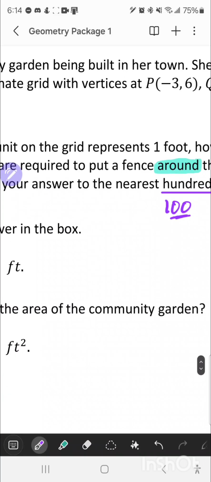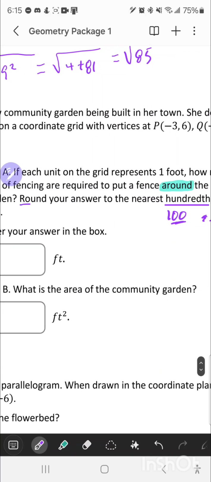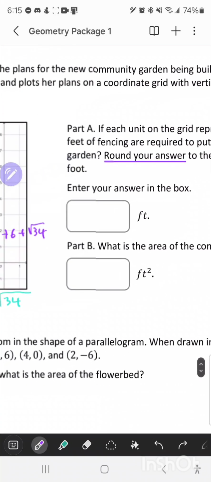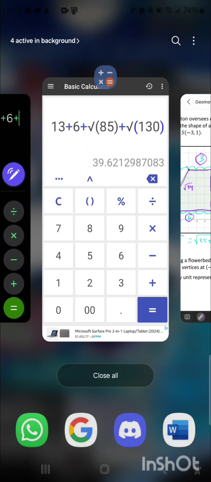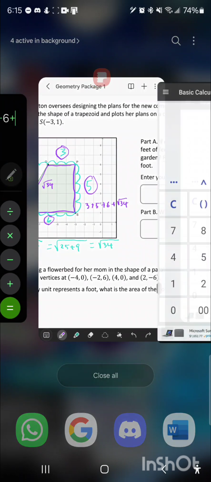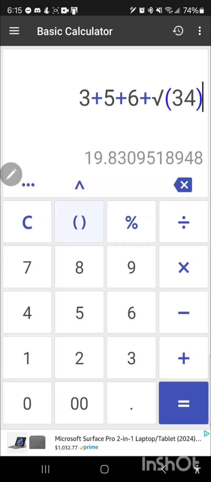Now, remember what I was telling you. It says round your answer, so we need to keep that in mind. It is specified to the hundredth, so 2 places after the point. When I go to my calculator, I enter 3 plus 5 plus 6 plus the square root of 34.